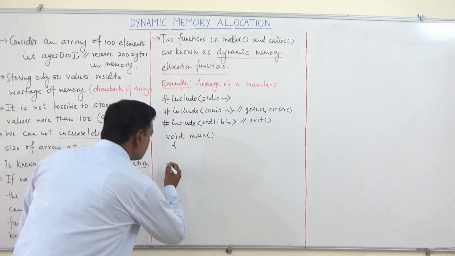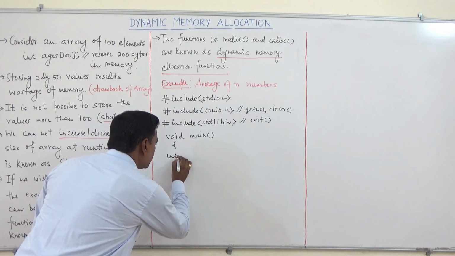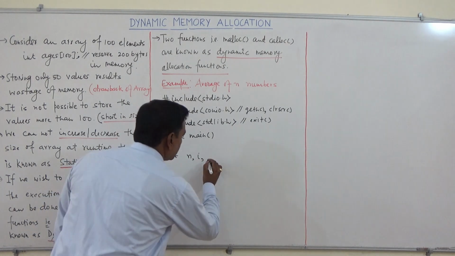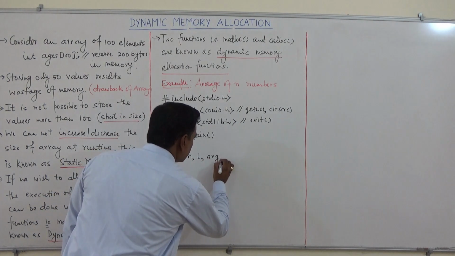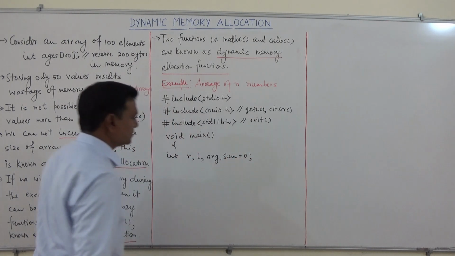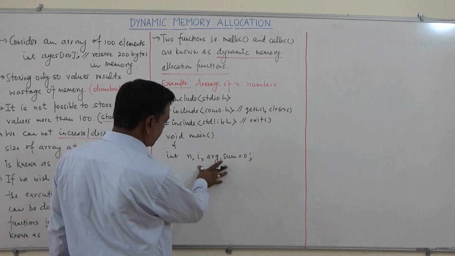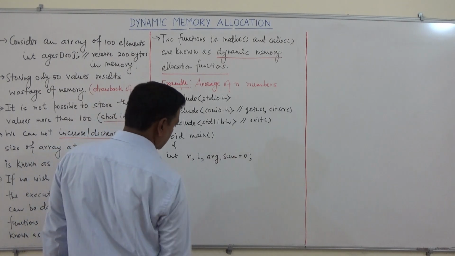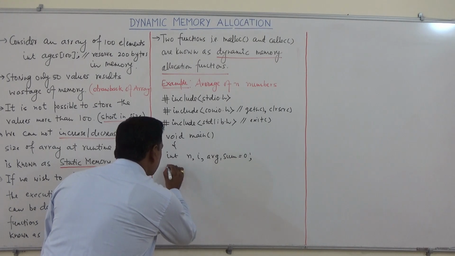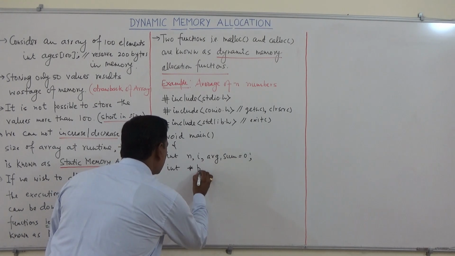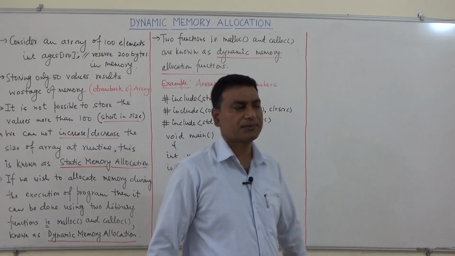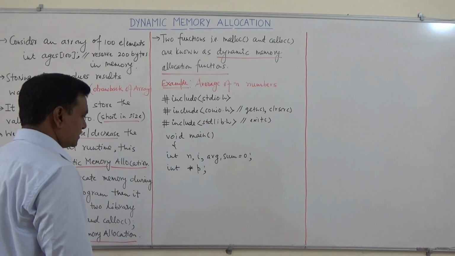So int n, i, average and sum equals 0. These are the 4 variables that we will use in finding the average of n numbers, and then one pointer variable.